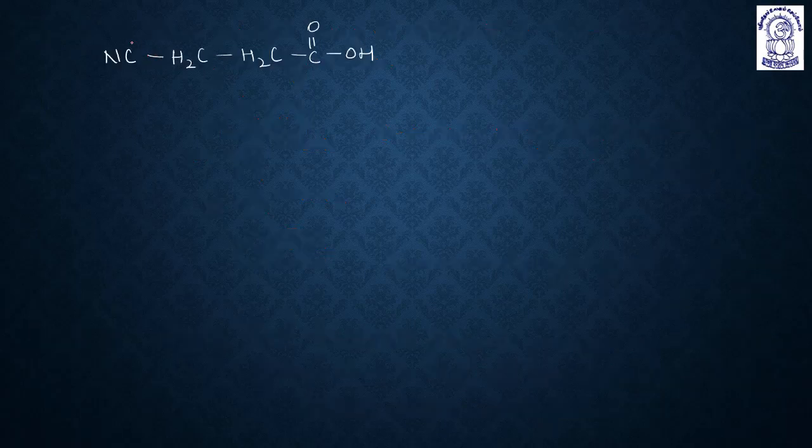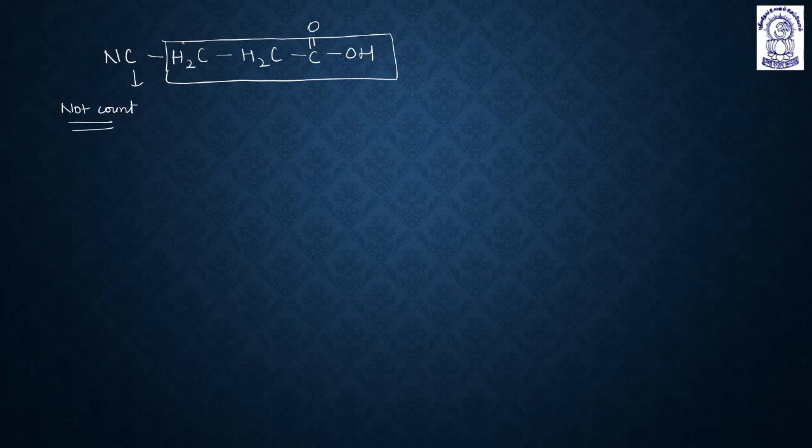Like here, we will not count this carbon. We will take the carbon here. Okay. So one, two, three. It is propanoic acid. And the third position is having cyano. 3-cyanopropanoic acid.